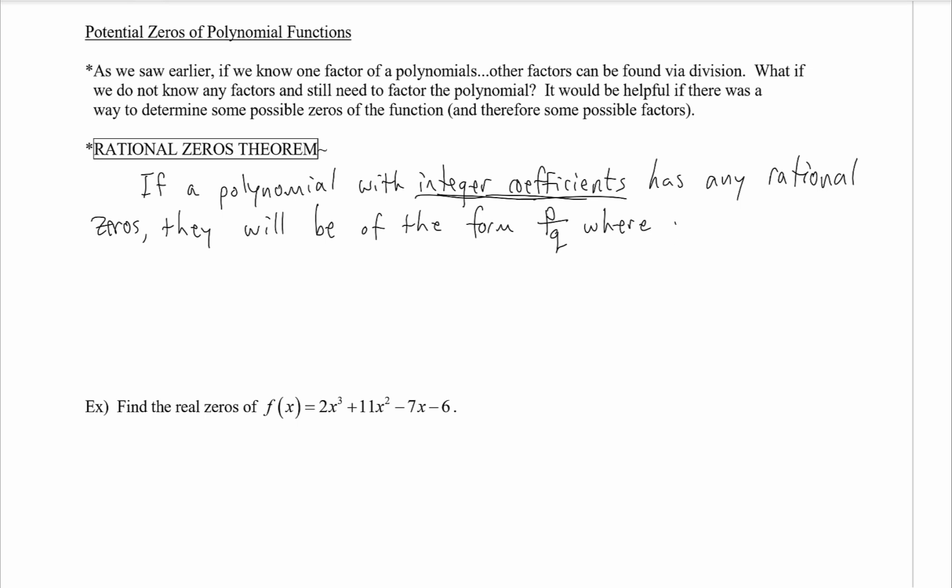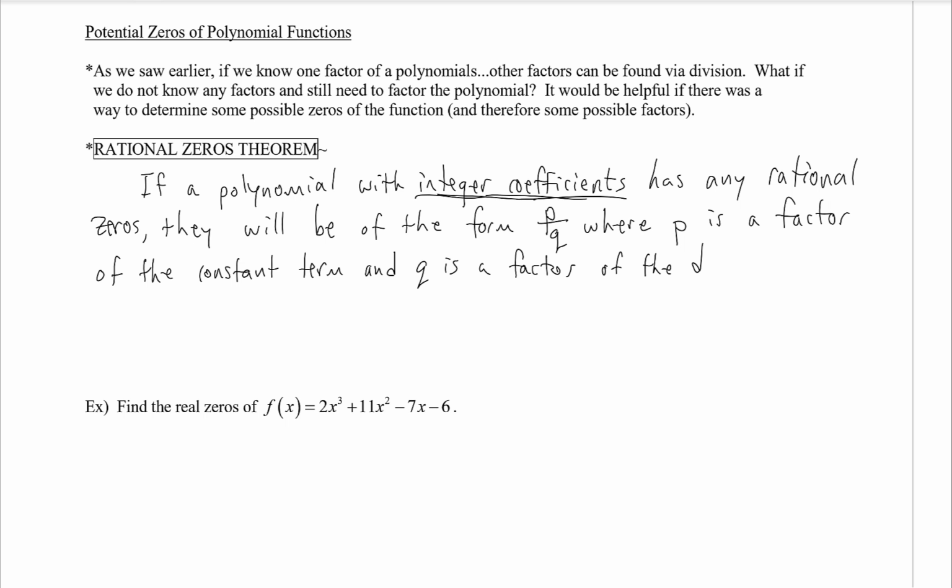where p is a factor of the constant term of the polynomial, and q is a factor of the leading coefficient, which apparently I can't spell.